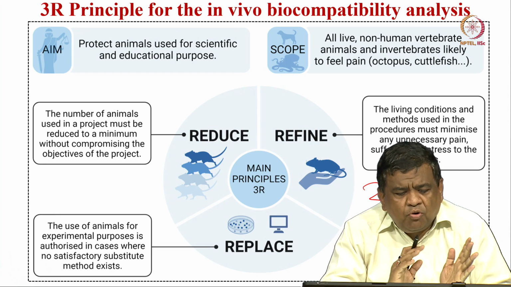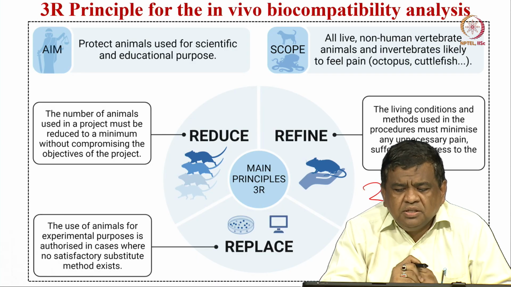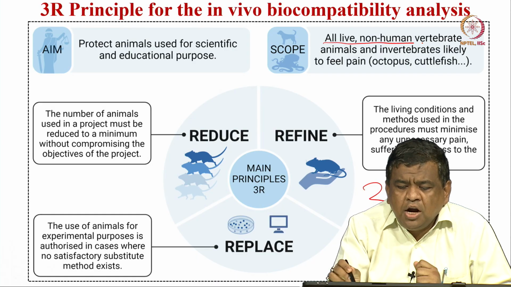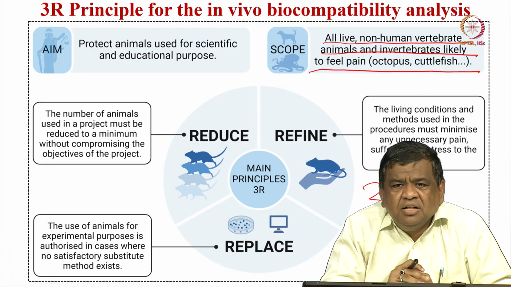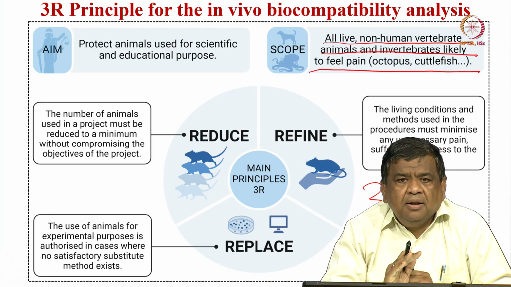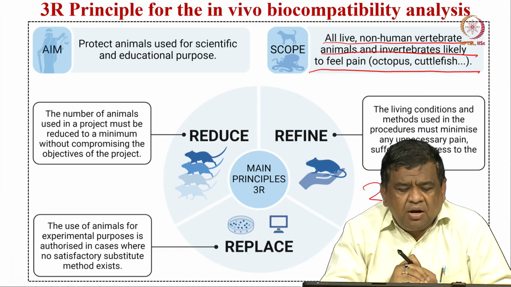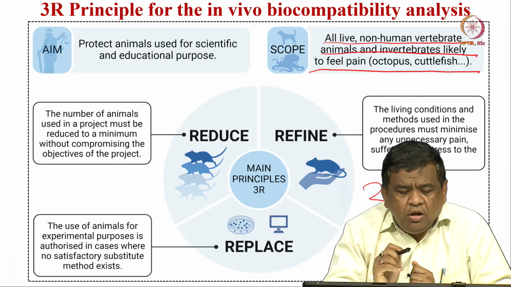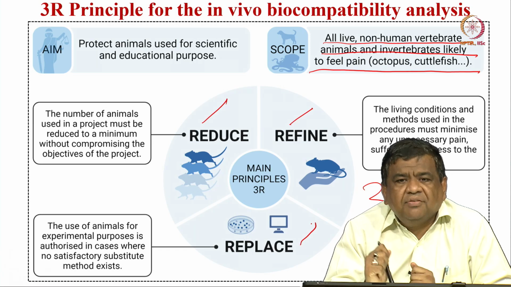The aim is to protect animals used for scientific and educational purposes, and the scope is all live non-human vertebrate animals and invertebrates likely to feel pain, right. Whenever you do some surgery, animals will certainly suffer pain. So, according to globally accepted norms, one has to follow the 3R principle: reduce, refine, replace.